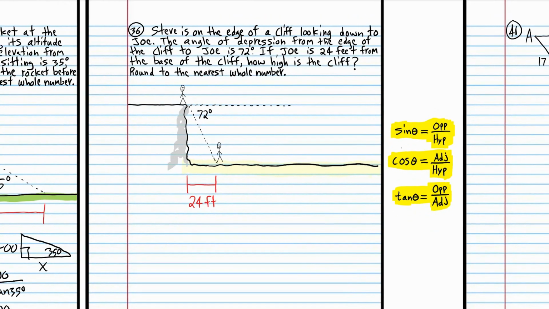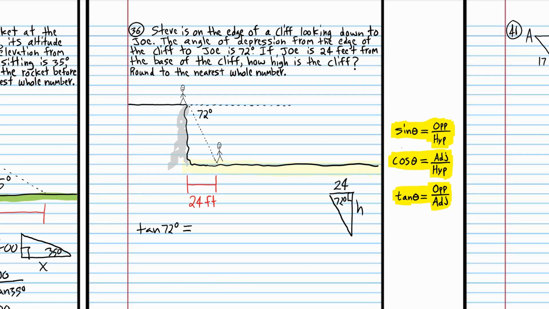All right, we're back. So I'm going to draw the triangle. And this is 24, and this is the height we're looking for. So now I'm going to set up, it looks like it's going to be a tangent. So tangent 72 degrees is equal to h over 24.